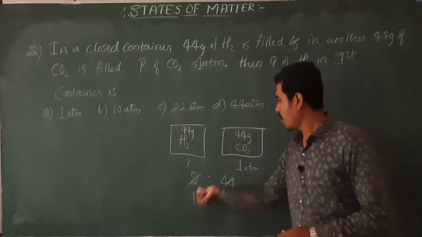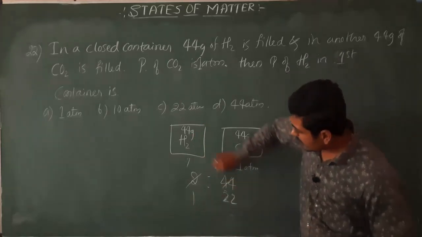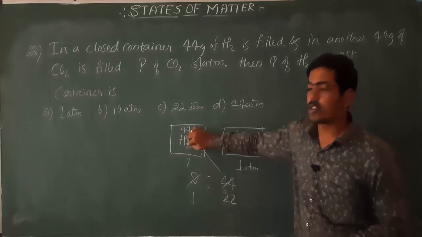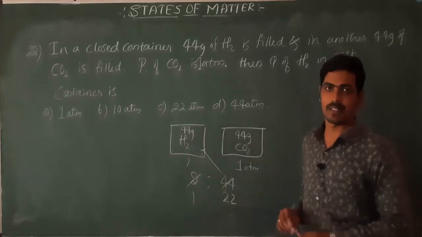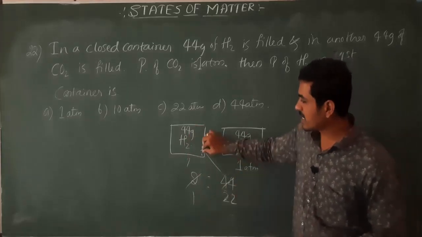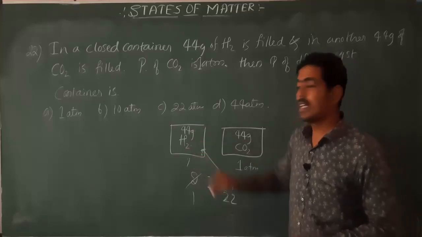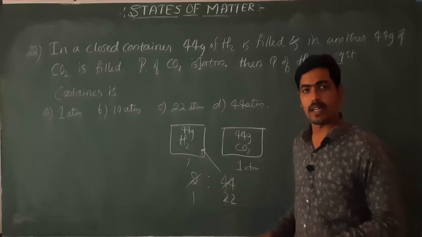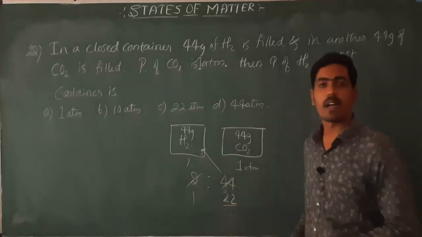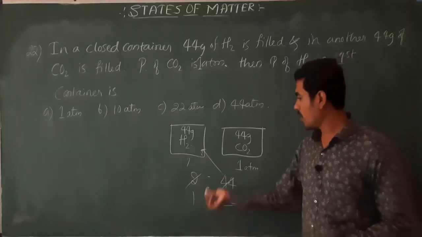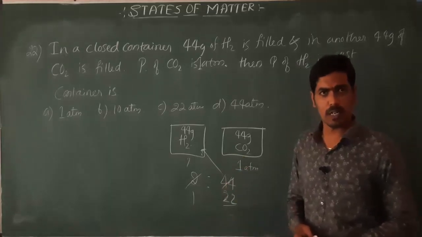Okay, here 1 mole of carbon dioxide and here 22 moles of hydrogen you will get. So reverse this and then you will come to know how much pressure is exerted by the hydrogen in the first container, that is 22 atmospheric pressure. 1 mole of CO2 will exert 1 atmospheric pressure.